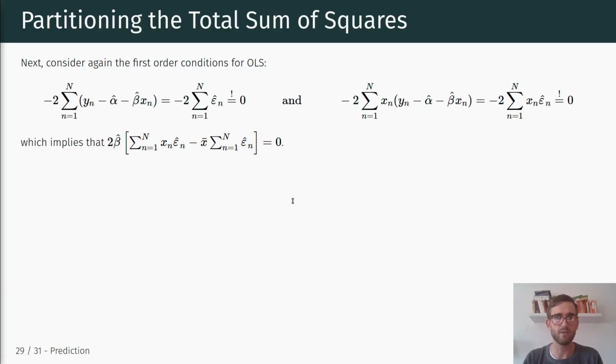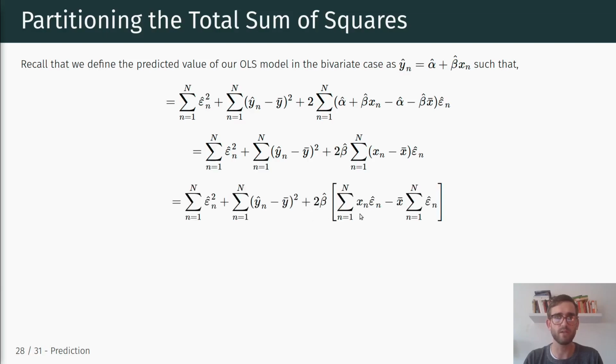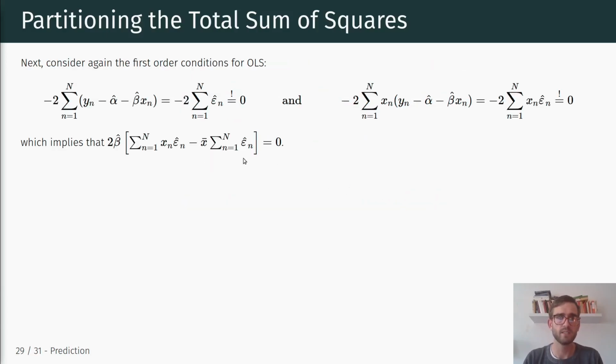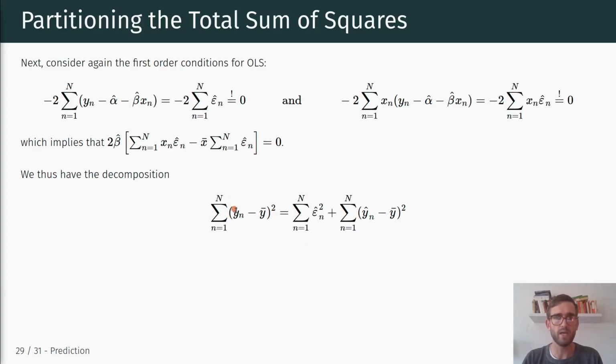So that means that in our decomposition of the total sum of squares, this second part here, given that with OLS these two first order conditions in the bivariate case hold, cancels out. This is equal to 0, which means our yn minus y bar, which is the total sum of squares that we started with, can be expressed alternatively as the sum of the squared residuals plus the squared deviations between y hat and y bar.